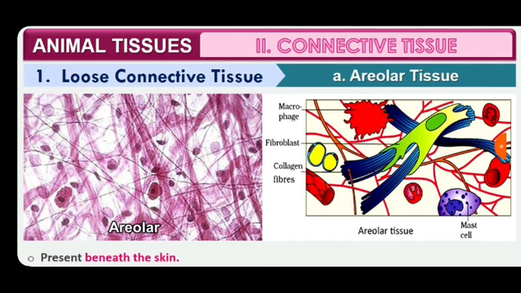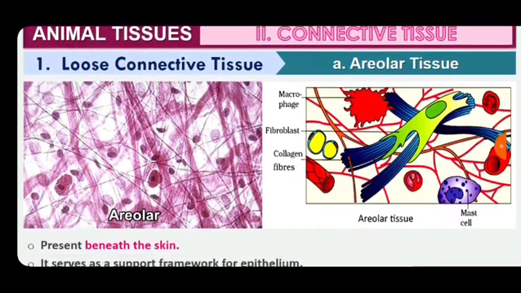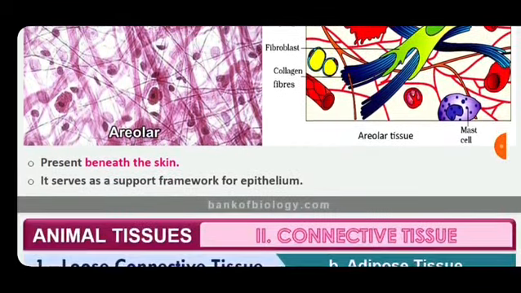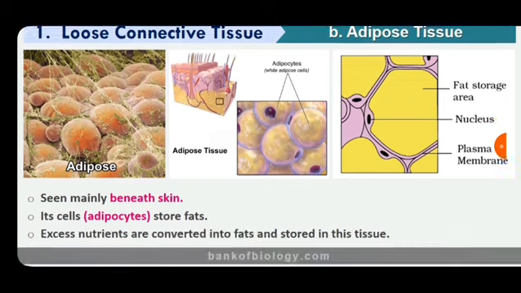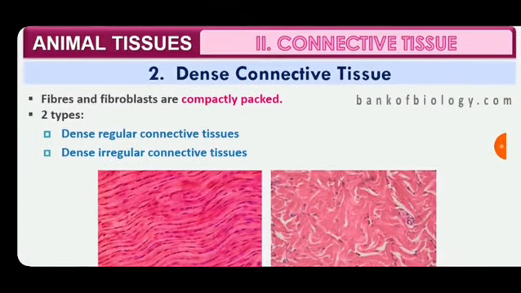The adipose connective tissue consists mostly of oil-storing cells. These adipose tissues show fat storage.